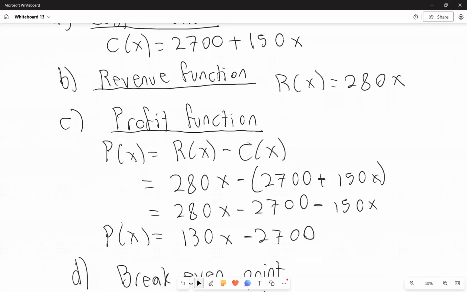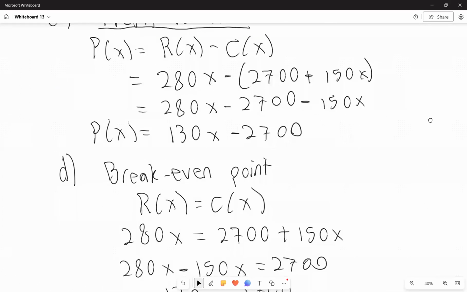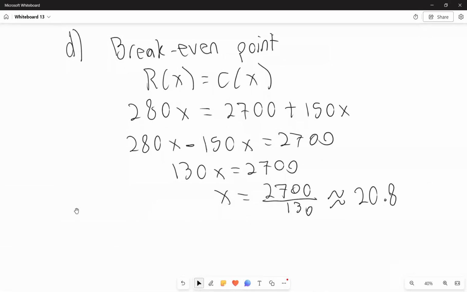And there's one more part. Once we find the break-even point, decide whether the product should be produced given the restrictions on sales. Now, no more than 25 units can be sold. So it looks like it's going to be a lot of work, and the revenue won't be that good.